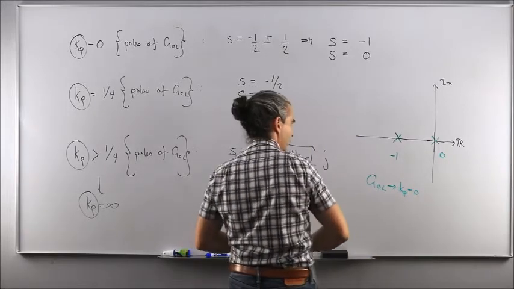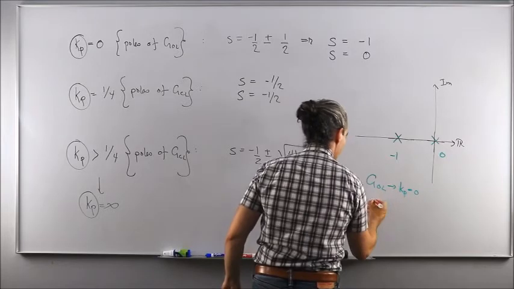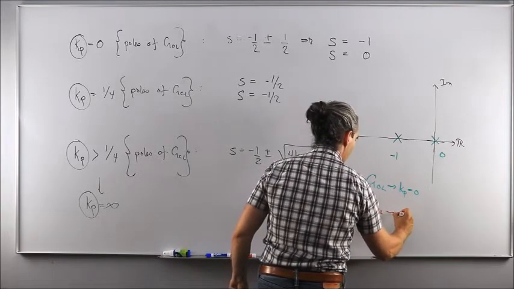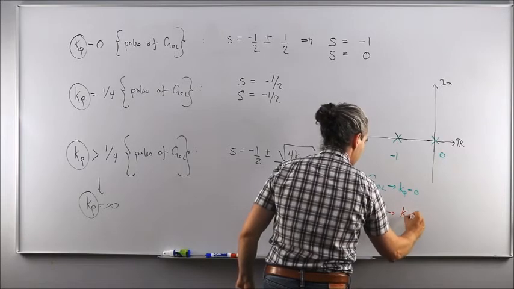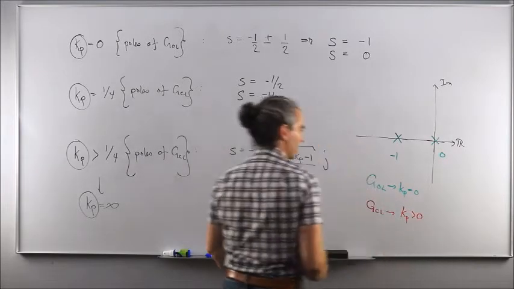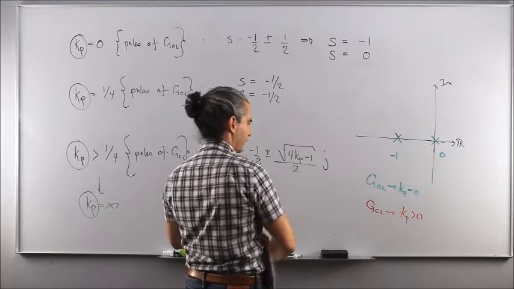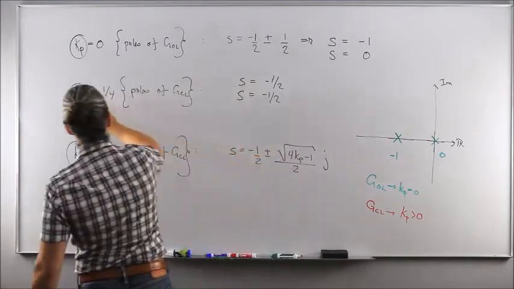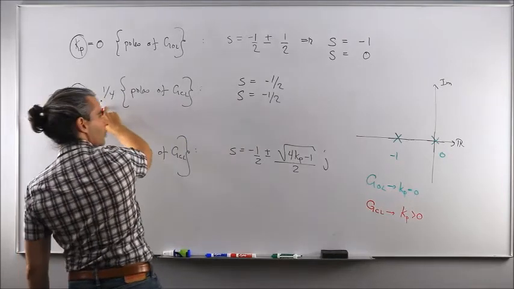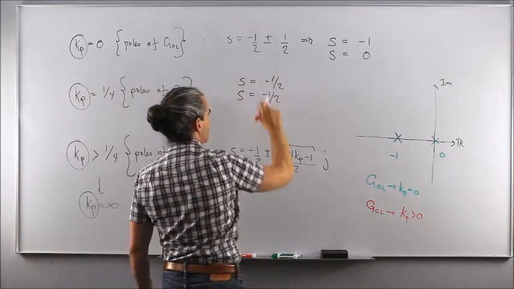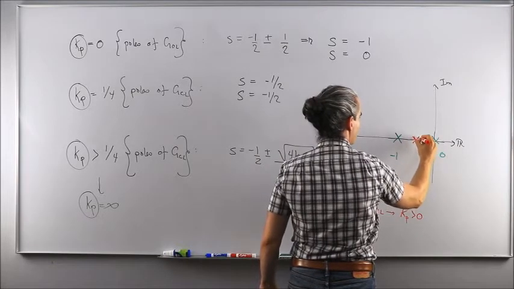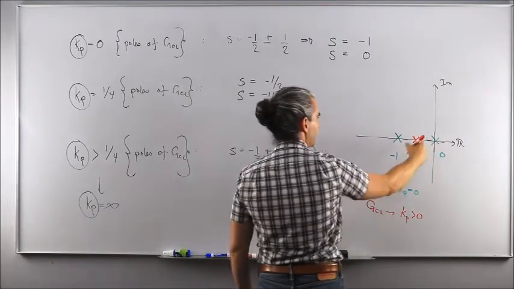And then in red, I'm going to draw the pole locations for the closed loop transfer function, or any values of Kp larger than 0 and all the way to infinity. Okay? So what we've noticed here is that whenever Kp is equal to 1/4, the poles are both at -1/2. So they meet up there.